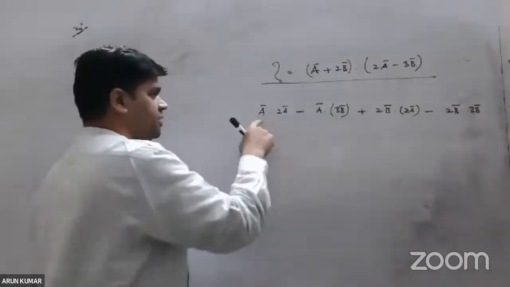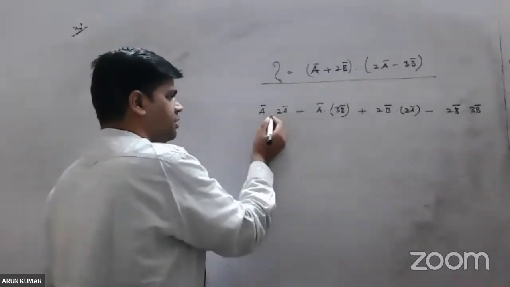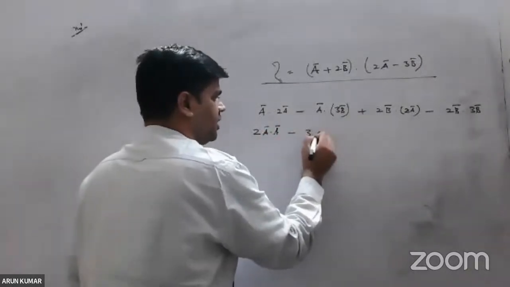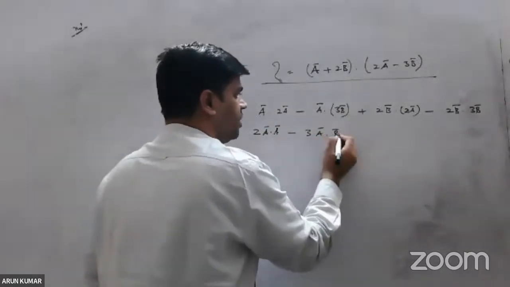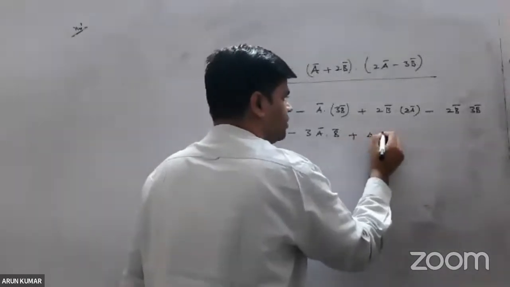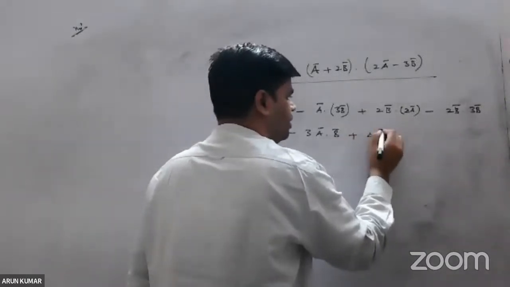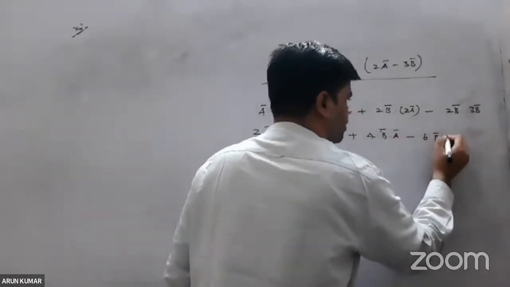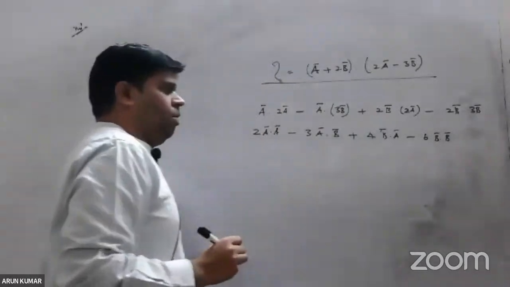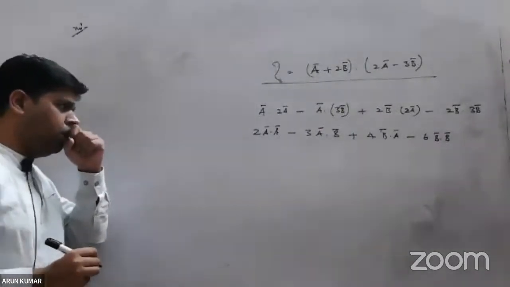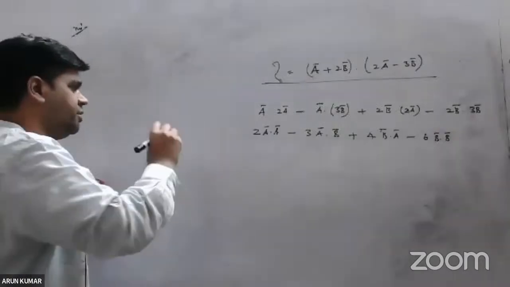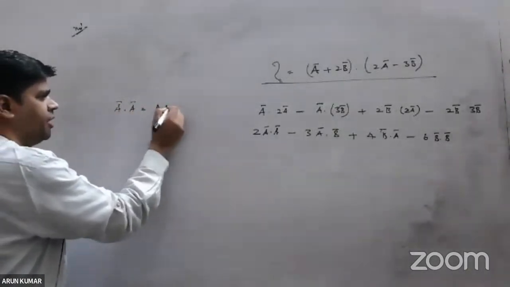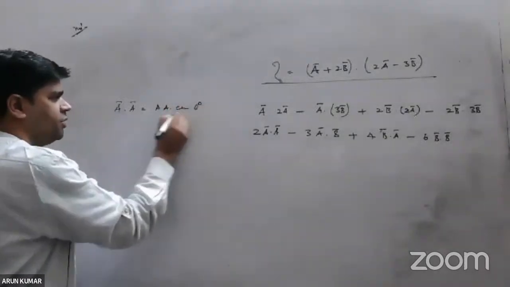All right. 2 is a constant, so I can write 2 times A dot A minus 3 times A dot B plus 4 times B dot A minus 6 times B dot B. What is A dot A, students? A dot A is nothing but mod A mod A cos of the angle between them, which is 0 degrees.